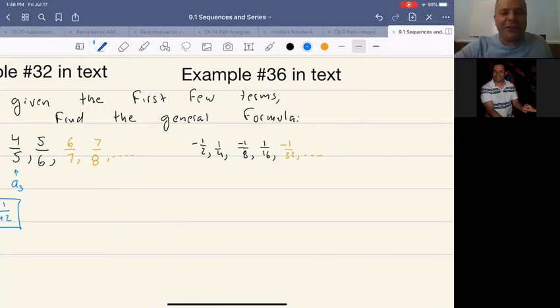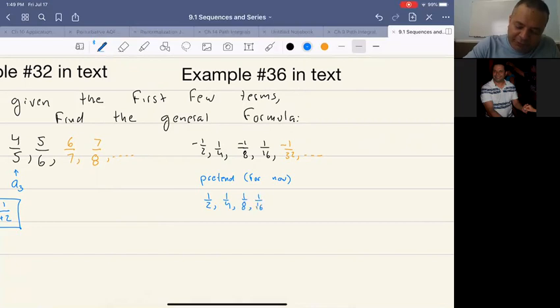All right. So what is the general form? Well, if you think about it, this is 1/2 to the first power, but there's this negative sign. Let's not worry about the negative sign just yet. So let's just pretend for now that we had 1/2, 1/4, 1/8, 1/16.